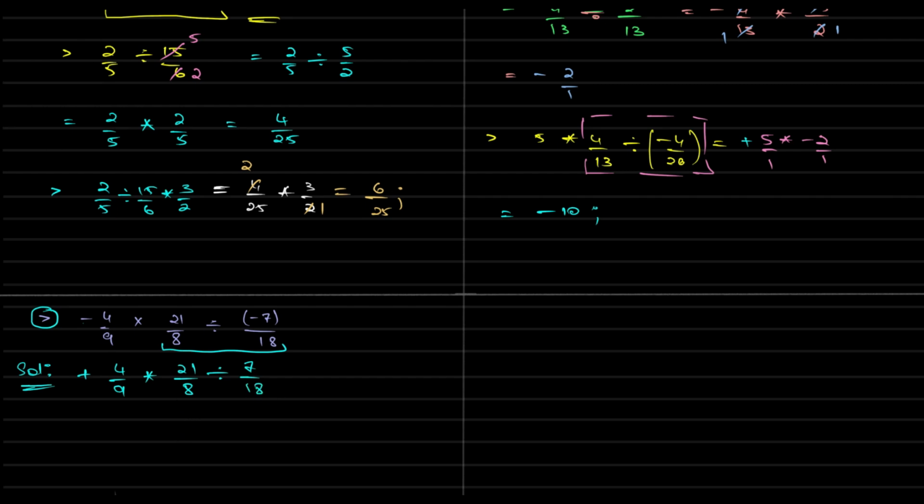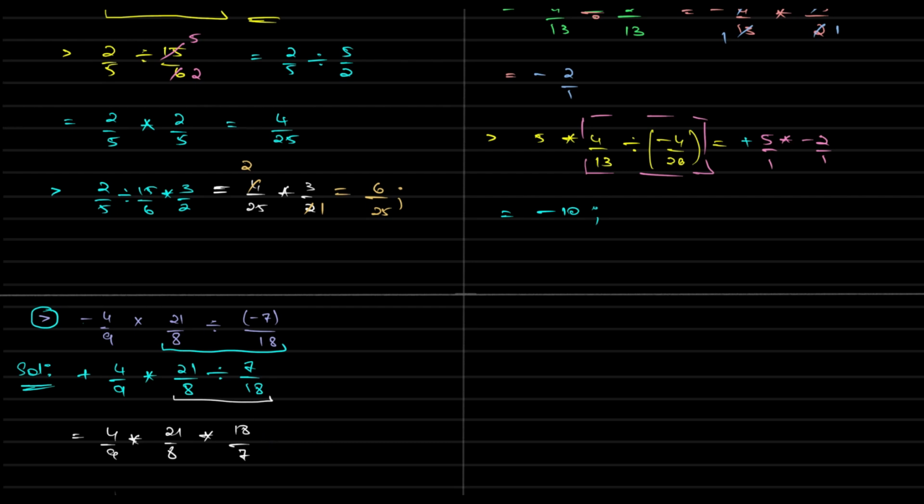Okay, so let me handle this another way. Let me convert this part to a traditional multiplication. I can't change this part, I need to change this symbol and I have to take the multiplicative inverse, 18 by 7, right?